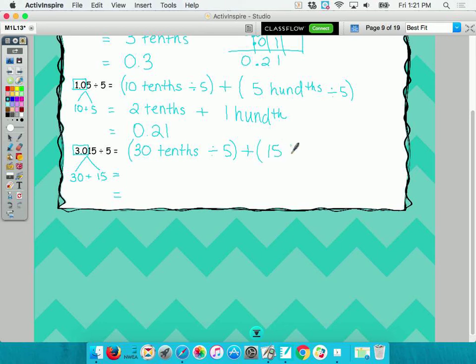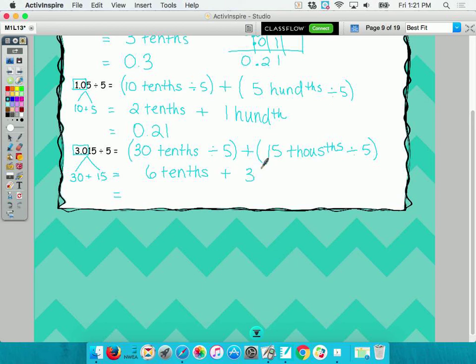So 15 thousandths divided by 5. Now don't shout any answers, okay? 5 times something equals 30. What is it? 6. 6 what? Tenths. Plus 5 times something equals 15.